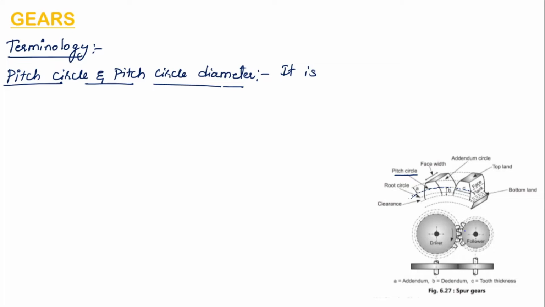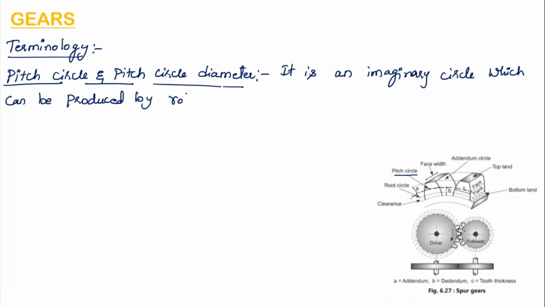The pitch diameter is the diameter of the pitch circle. If this is a circle, then this is the diameter.